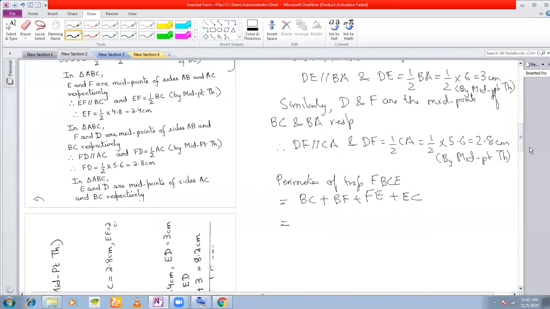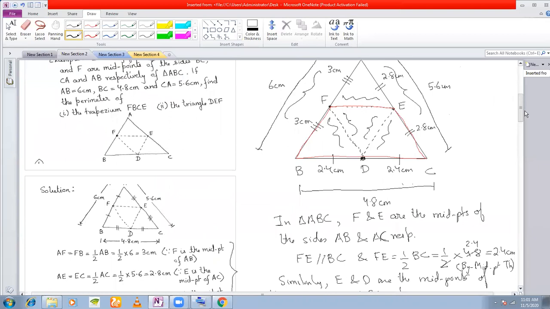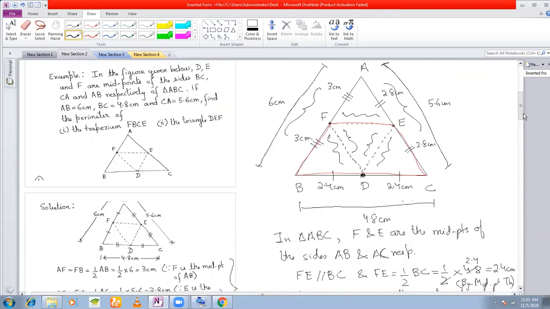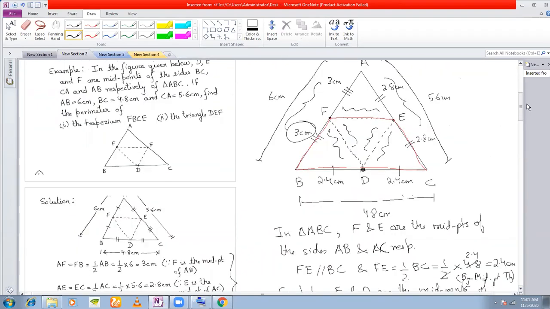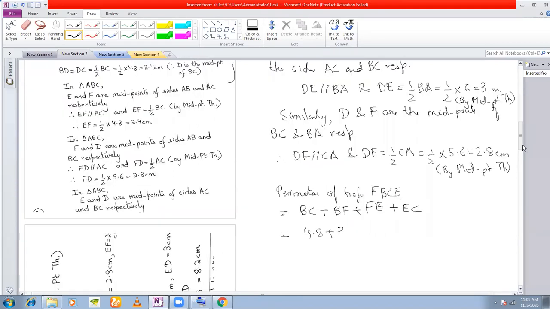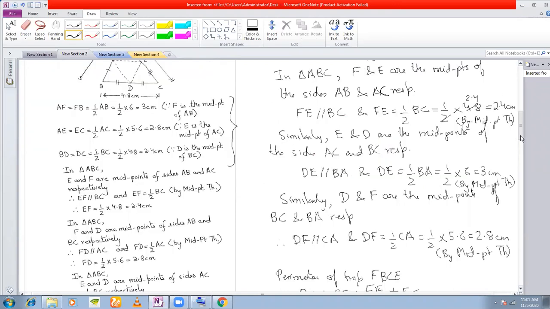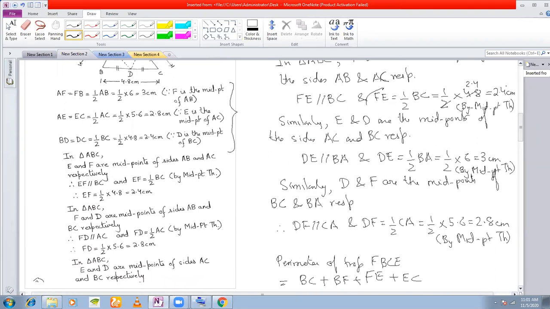What are the lengths here? BC is 4.8. BF is 3 centimeters, plus FE. FE we have found out to be 2.4.